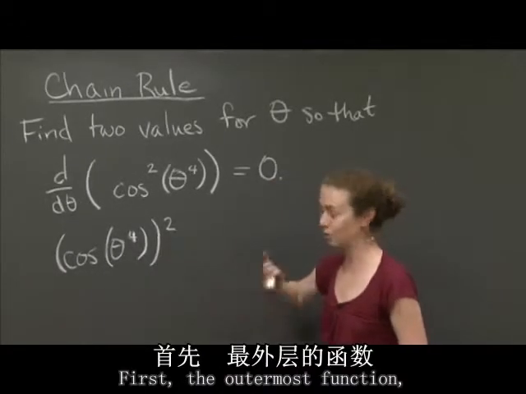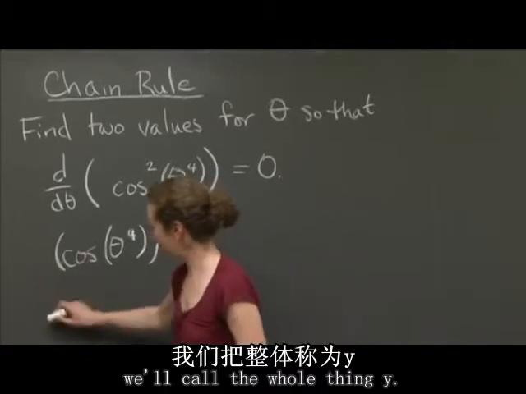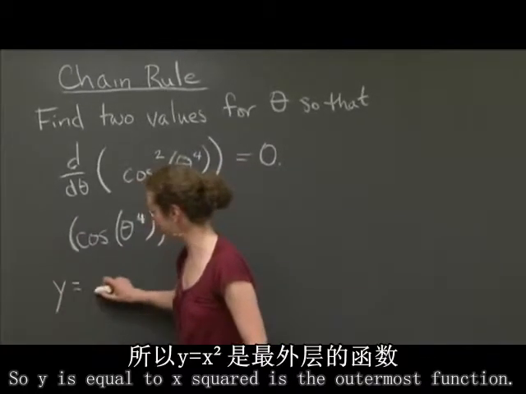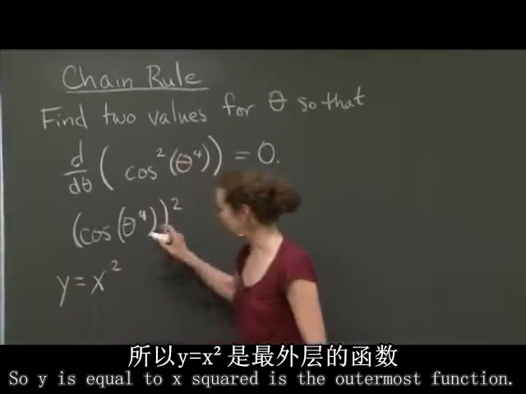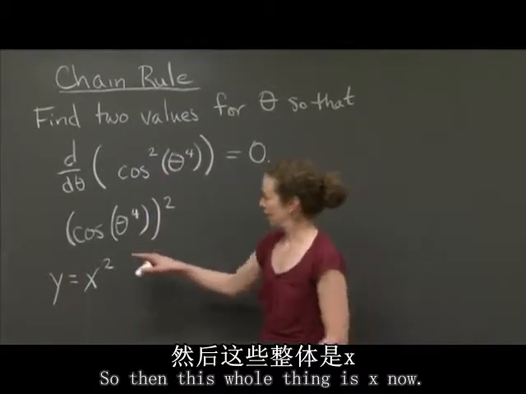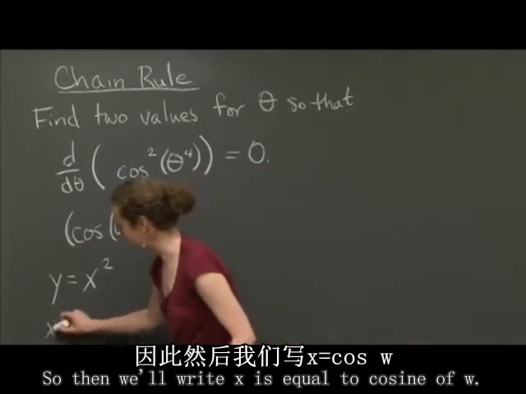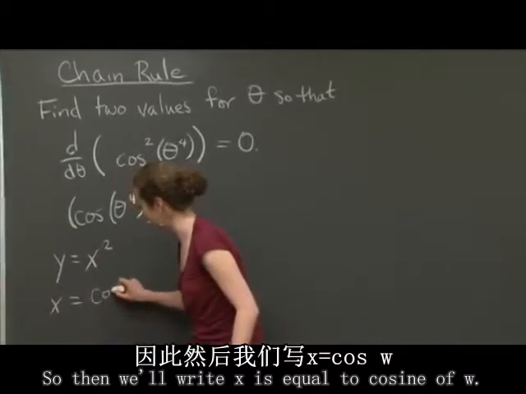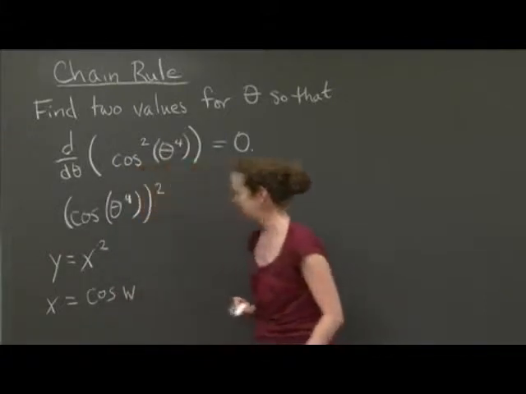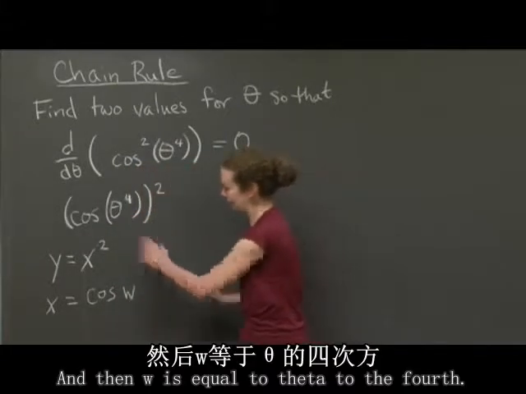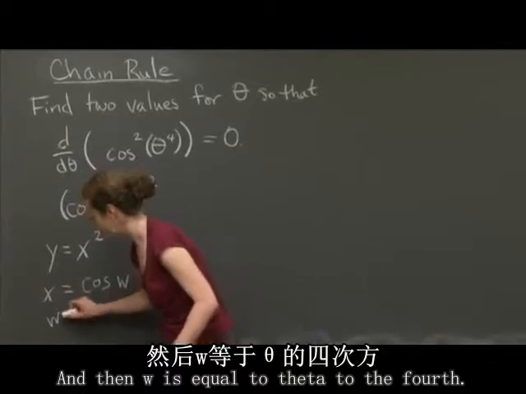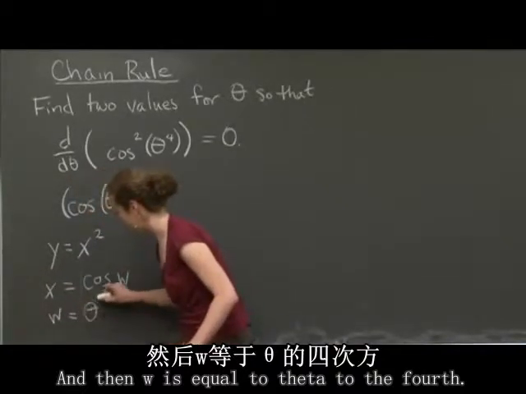First, the outermost function, we'll call the whole thing y. So y is equal to x squared is the outermost function. So then this whole thing is x now. So then we'll write x is equal to cosine of w. And then w is equal to theta to the fourth.